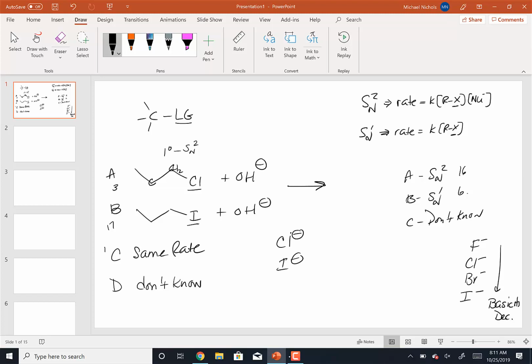And if you don't remember why that is, it's because going from HF to HCl to HBr to HI, going down the periodic table that way, the acidity increases. So you increase acidity, you decrease basicity. Okay. So I minus is the weakest base, which makes it the best leaving group.